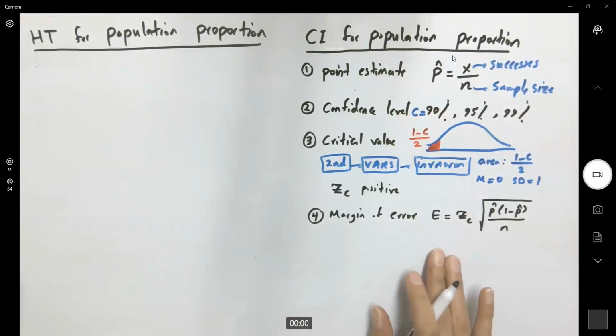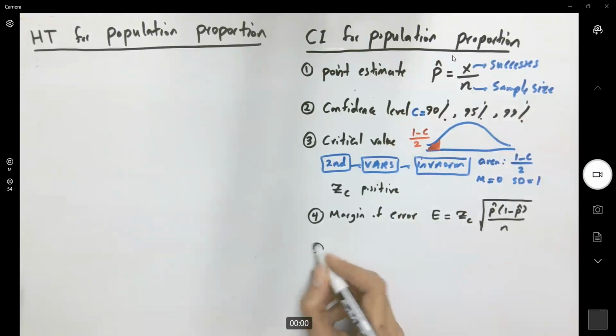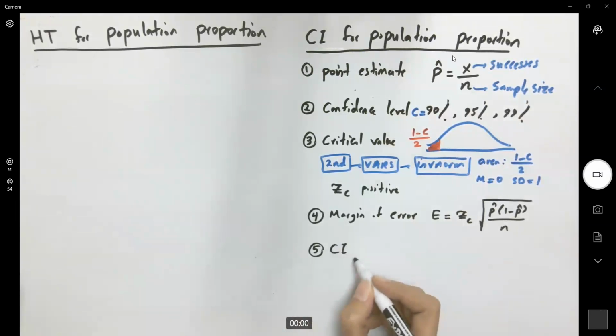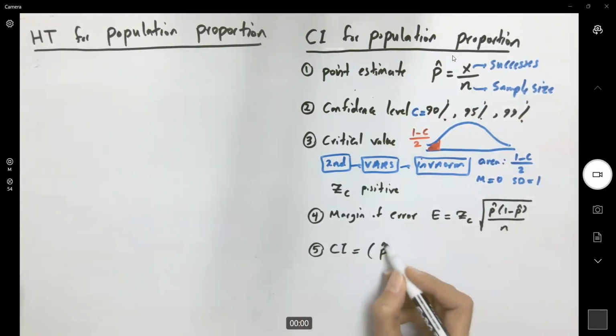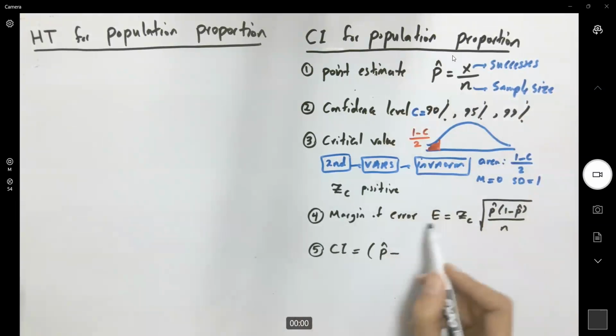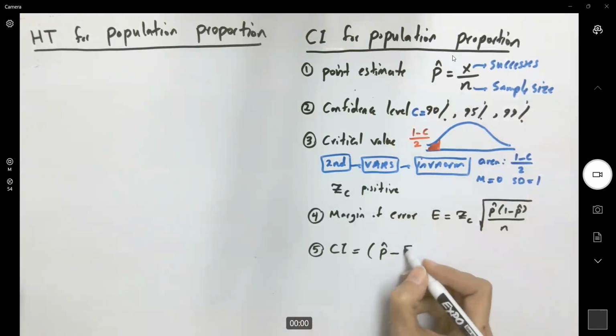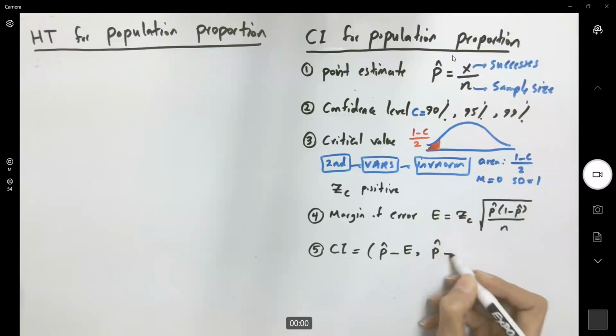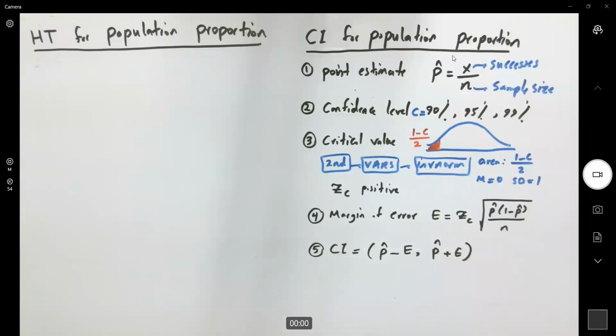Well, after finding the margin of error, we construct the confidence interval, which is p hat, what we built from the first step, minus what we built from the fourth step, the margin of error, and p hat plus the margin of error. Remember that finally you have to interpret this result.